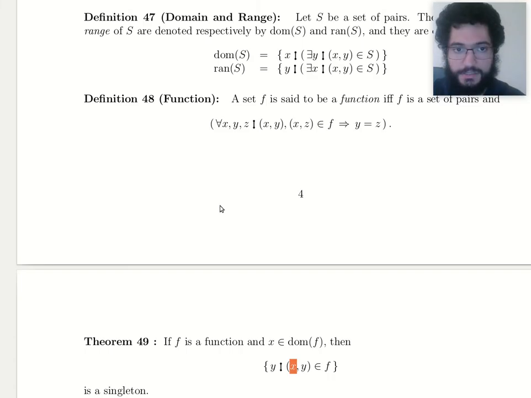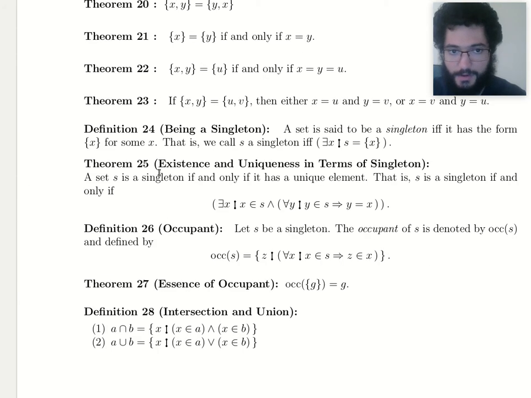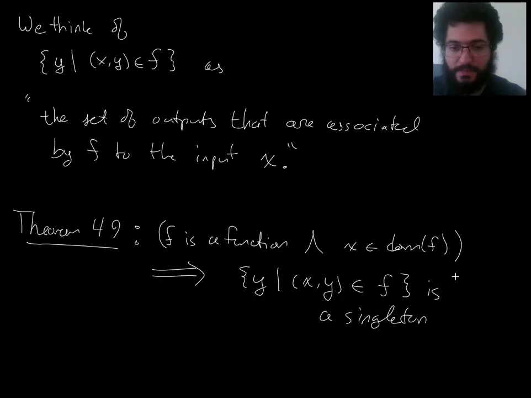If you rephrase that in terms of existence and uniqueness, using the idea from Theorem 25 that a set is a singleton if and only if it has a unique element, then Theorem 49 is saying if you have a function and you have something x in its domain, then this set has a unique element. In other words, there is a unique output that is associated by F to the input x.